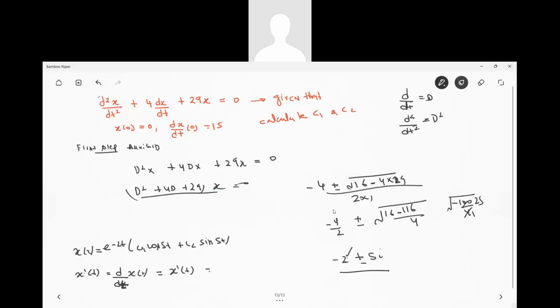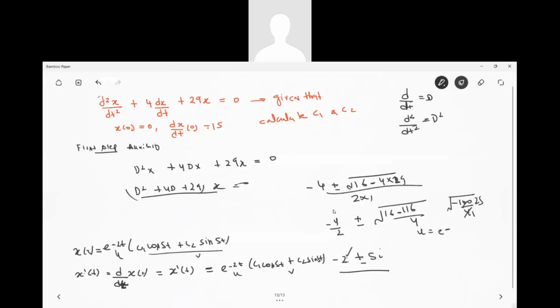Again, the same formula you will use. This you keep u, this you keep v, right? e power minus 2t is u, and c1 cos 5t plus c2 sine 5t is v.